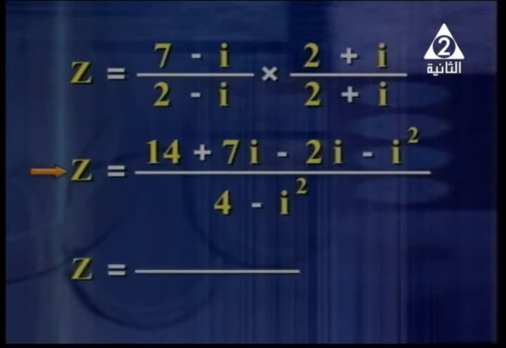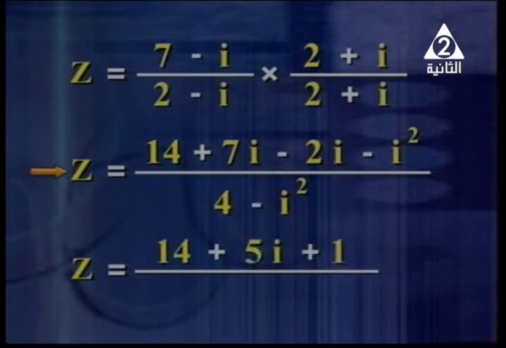Then z equals, in the numerator, 14 plus 5i plus 1. Why? Because we simplify 7i minus 2i equals 5i, and negative i power 2 equals positive 1. In the denominator, 4 plus 1 equals 5. Then z equals (15 plus 5i) over 5.